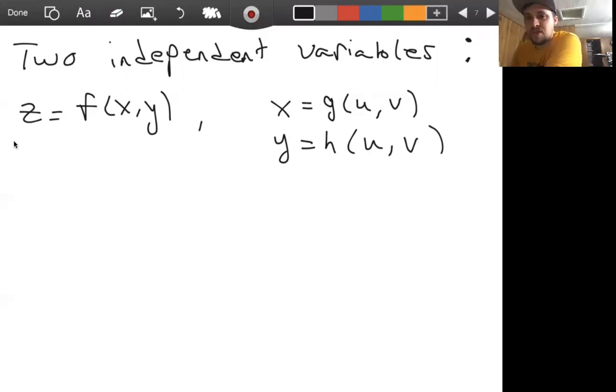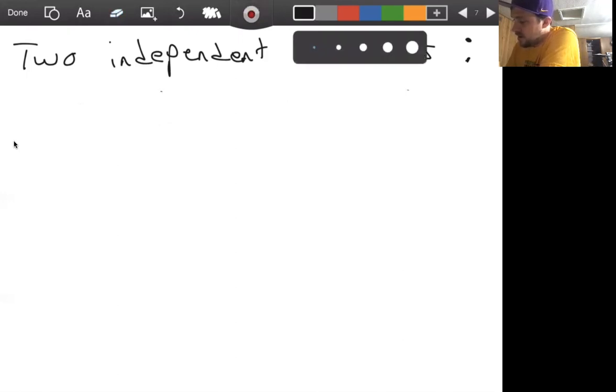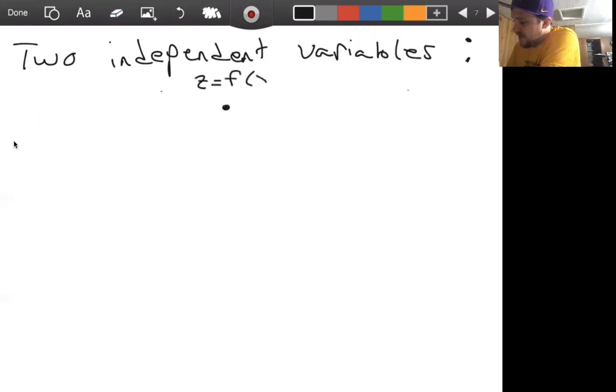And so what do we have now? Well, if we were to come up with a chain rule here, let's see what we would have. We would have our top node. So I'd like to save some room. We have z equals f of x, y, right? And then let's remember that x is a function of u and v, and y is a function of u and v.